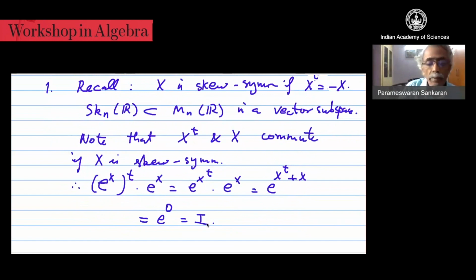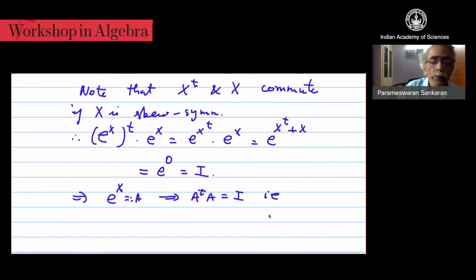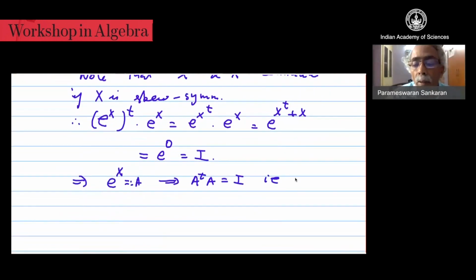What does that mean? This implies that e power x satisfies the equation. If you set this equal to A, then A transpose A equals identity. So A is orthogonal.